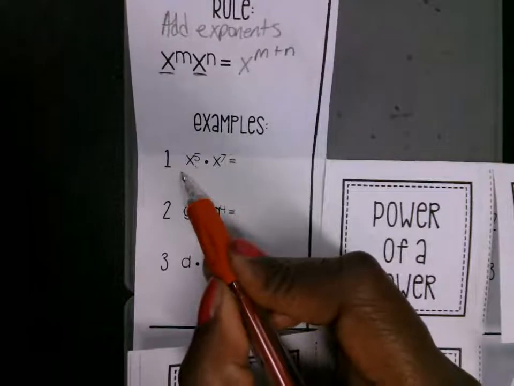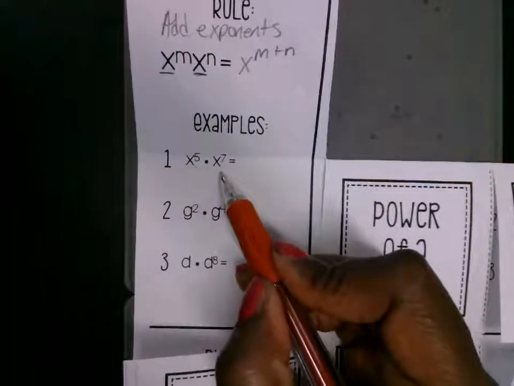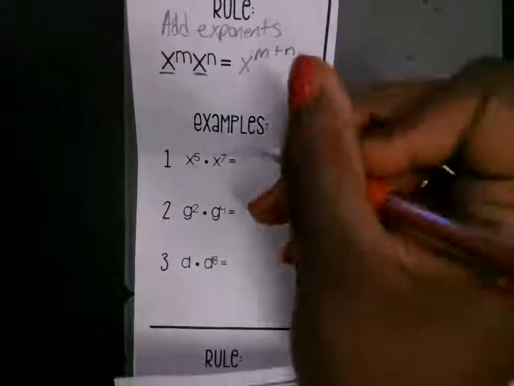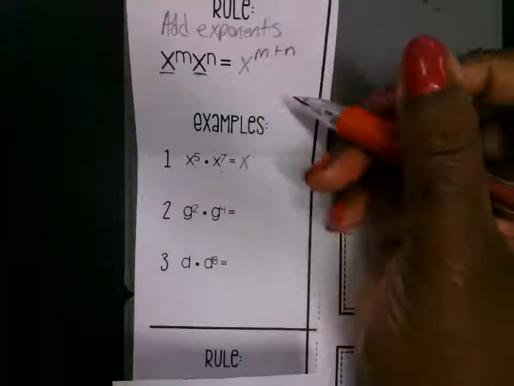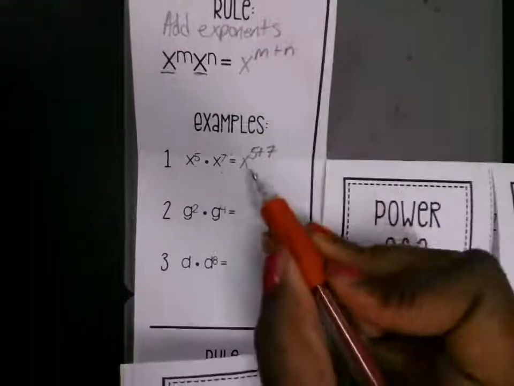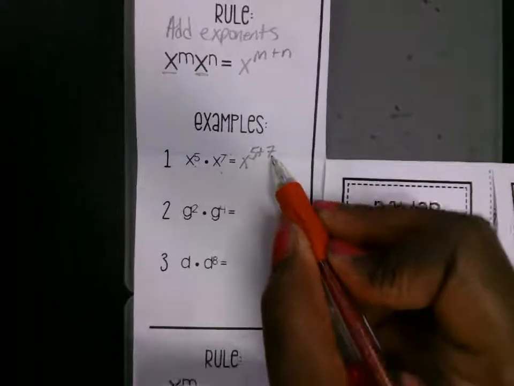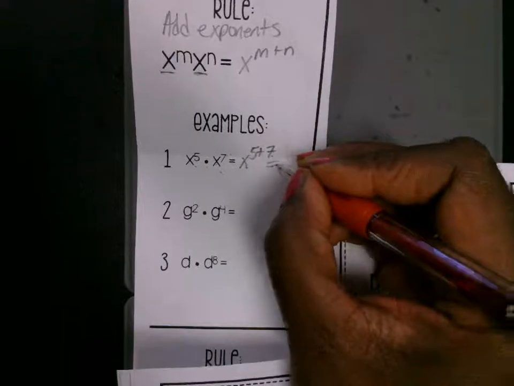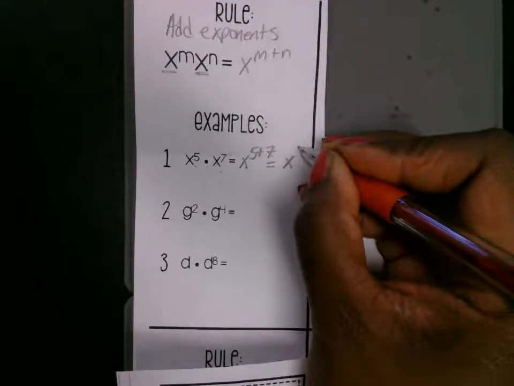Okay, x is being multiplied 5 times here. X is being multiplied 7 times here. So how many times total is x being multiplied? 12. You're going to say 5 plus 7. Please write this. X to the 5 plus 7 power. That means that my answer is x to the what power? 12.